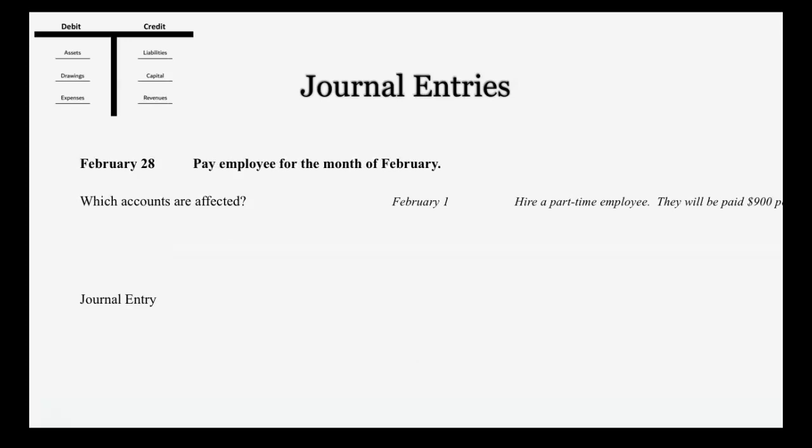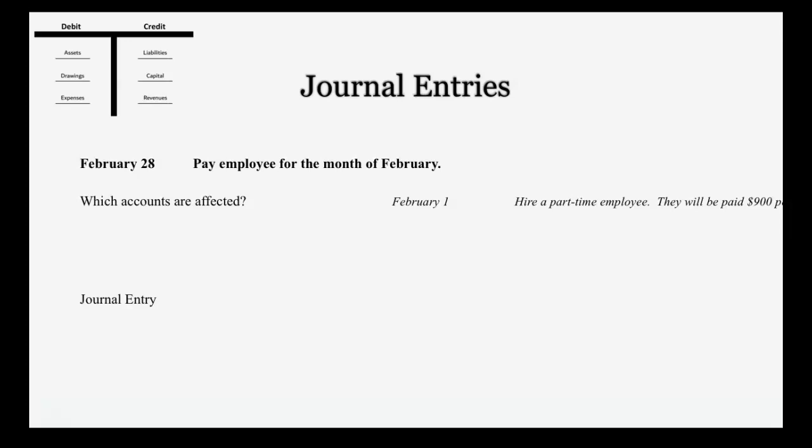Now, on February 28th, we are paying the employee for the month of February. So we were told back at the very start of the month that we hired a part-time employee and that they'll be paid $900.